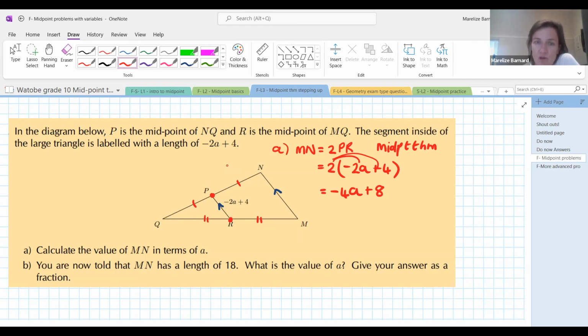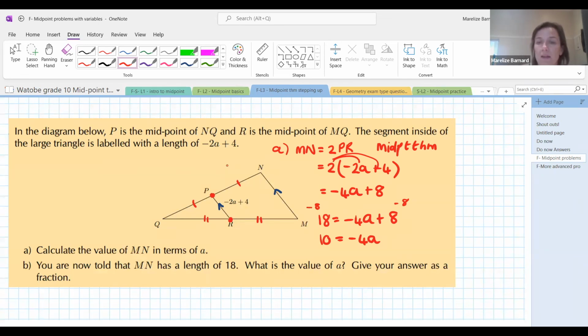Now, the next part asks you to solve for A, because you're now told that MN has a length of 18. So we can say 18 is minus 4A plus 8. And we're going to subtract 8 on both sides, just so we can get the A by itself. And that's going to be 10 and minus 4A.